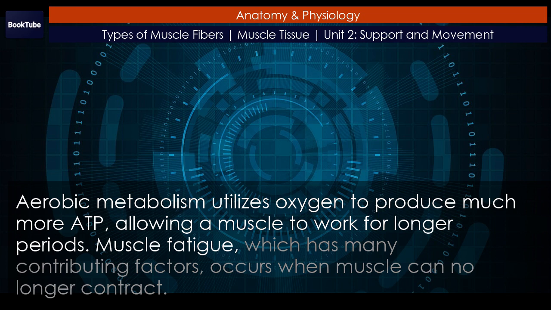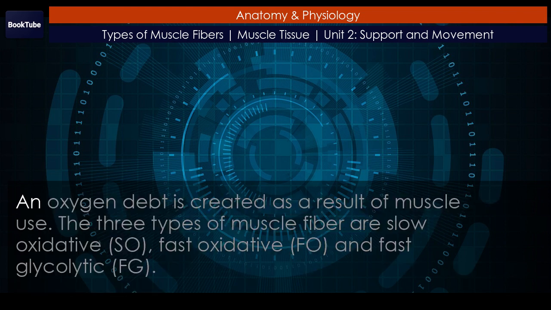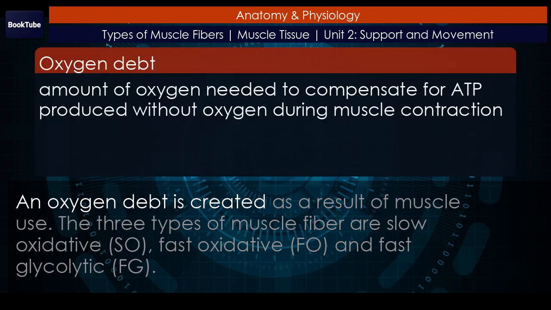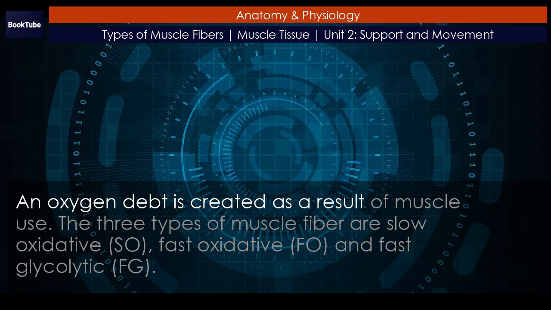Muscle fatigue, which has many contributing factors, occurs when muscle can no longer contract. An oxygen debt is created as a result of muscle use. The three types of muscle fiber are slow oxidative (SO), fast oxidative (FO), and fast glycolytic (FG).